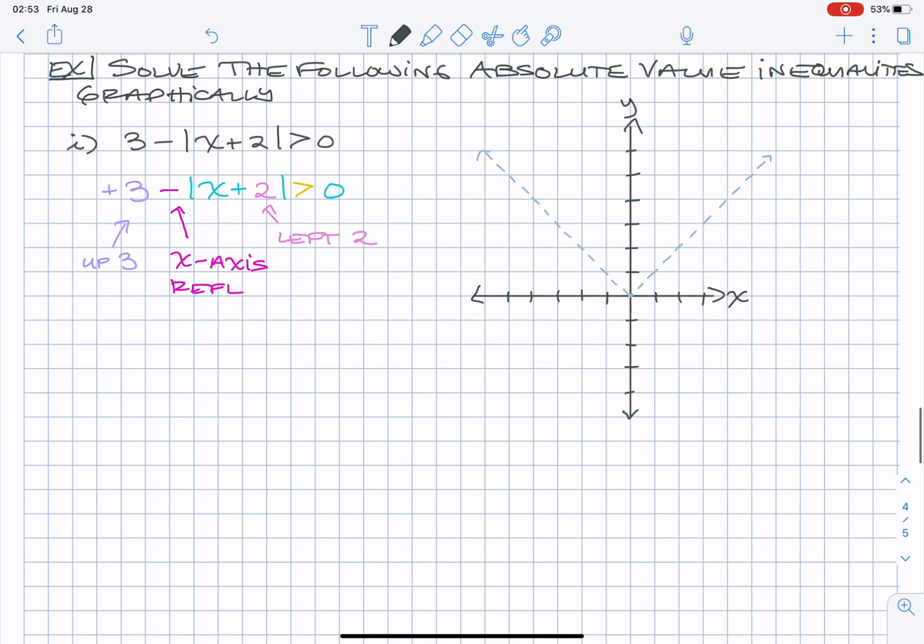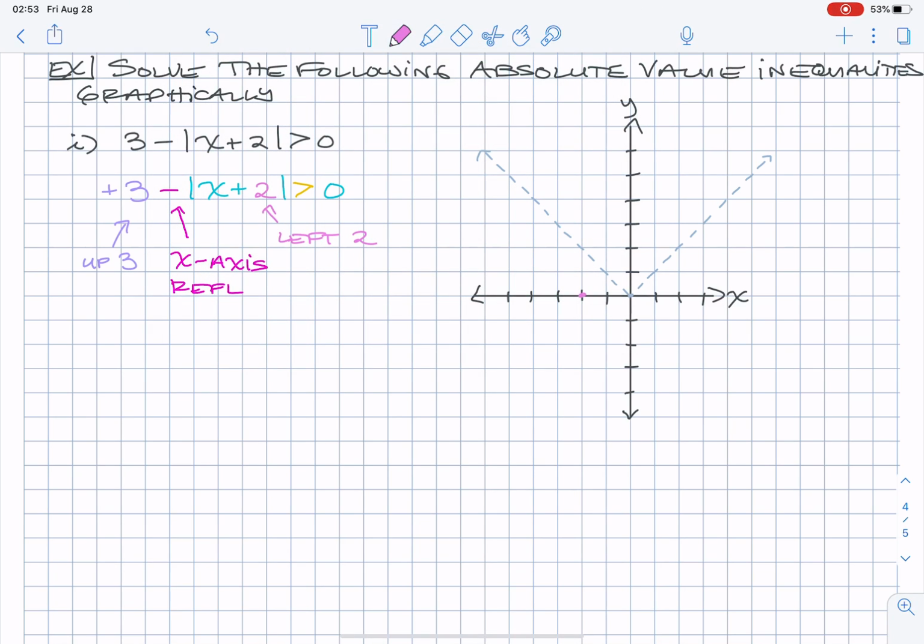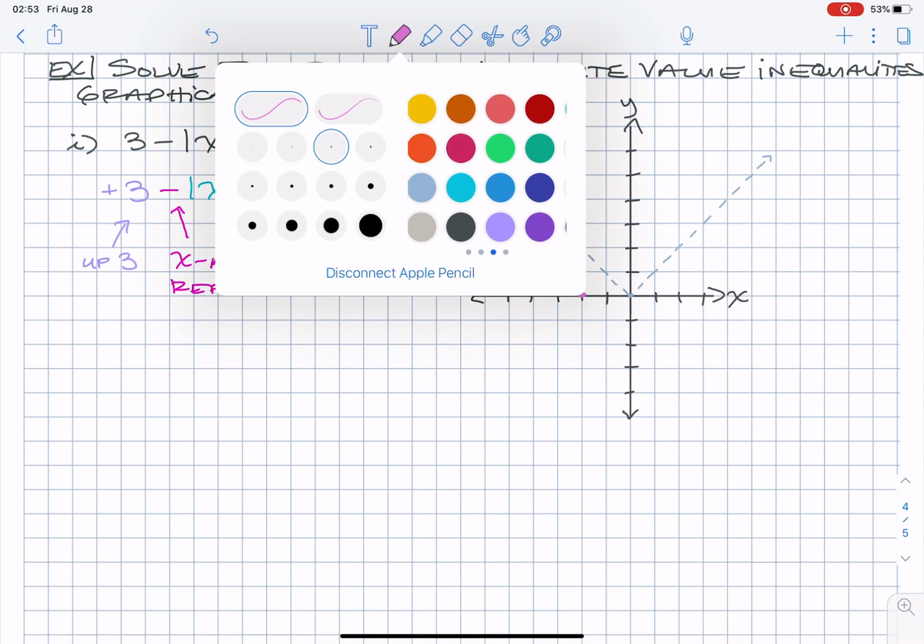Okay, so I'm going left 2, reflecting about the x-axis, and then up 3. So left 2, reflecting about the x-axis means I would open downwards, and then I'm going up 3.